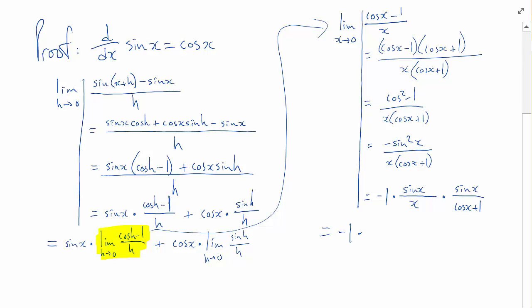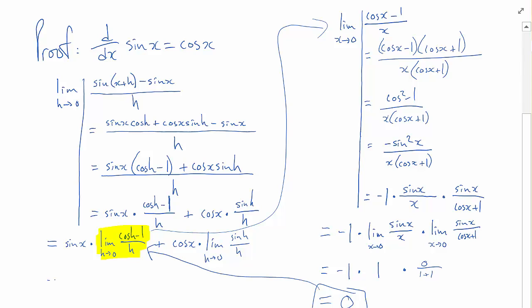Obviously, the limit of negative 1 is negative 1, times the limit of sine x over x as x approaches 0, we know what that is, and the limit of sine x over cos x plus 1 as x approaches 0, we can calculate that. Obviously, again, negative 1, this limit we know is 1, and the limit of sine x over cos x plus 1 as x goes to 0, well, sine x is 0, cos x is 1, it's 1 plus 1, negative 1 times 0 gives us 0.